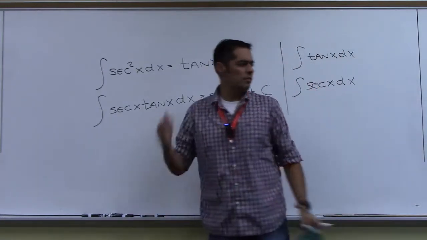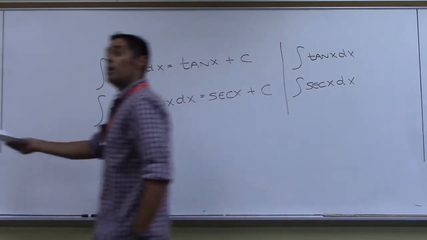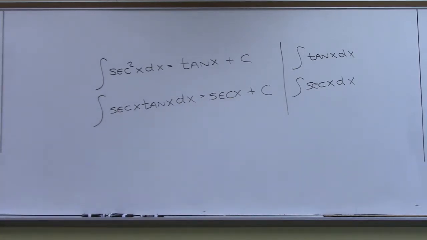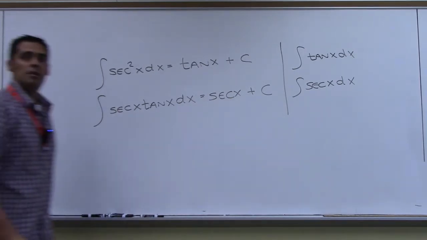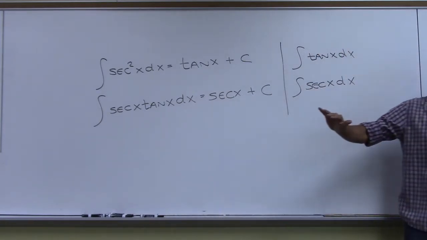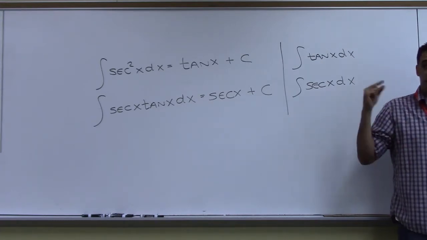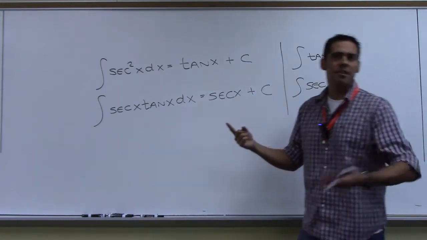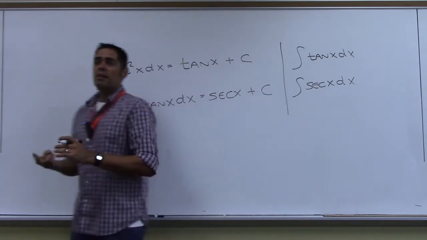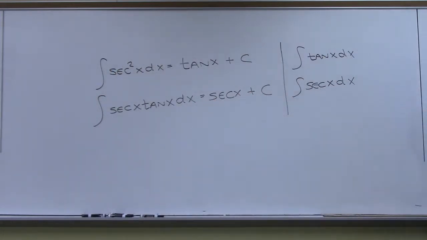Do we know the antiderivative of those? They're on your table though, right? If you look at your cheat sheet, you should have the antiderivatives for all the trig functions that are raised to the first power. You can double check it yourself. You should see the antiderivative of sine is there, the antiderivative of cosine is there. Is the antiderivative of tangent there? What formula is it? Formula 12?